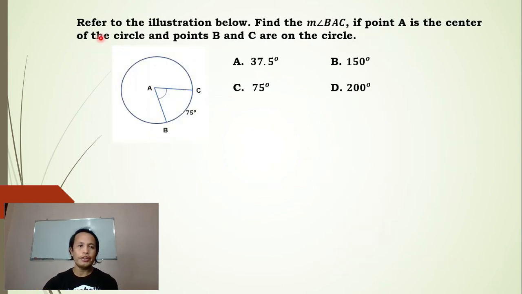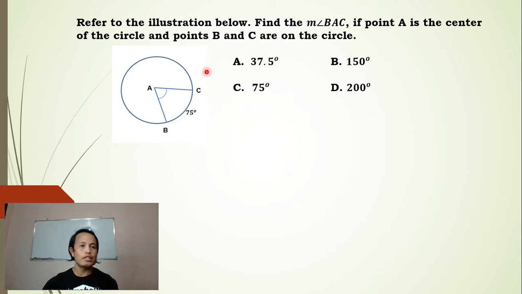Now let us proceed to another example. Refer to the illustration below. We need to find the measure of angle BAC. If point A is the center of the circle, and points B and C are on the circle, that means points B and C lie on the circle.